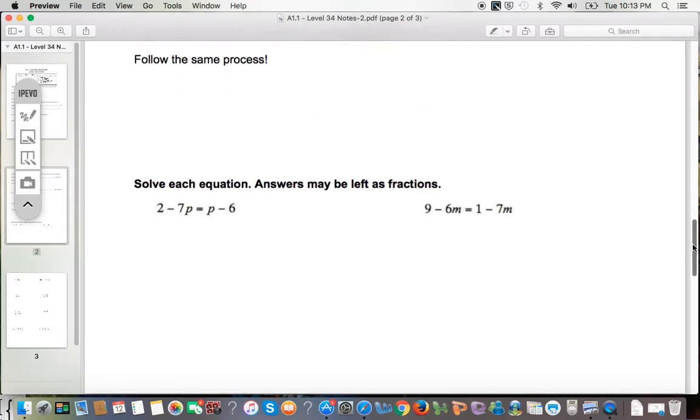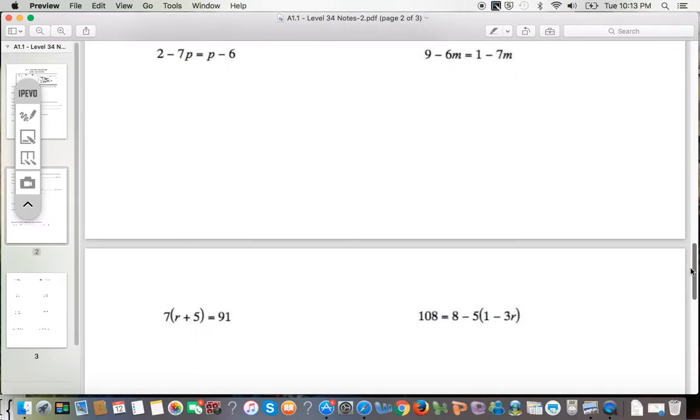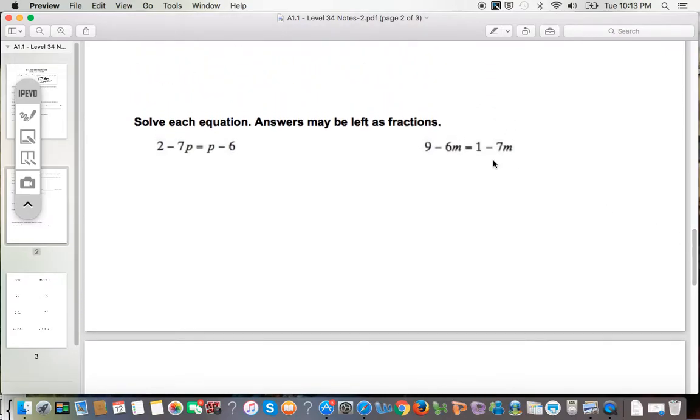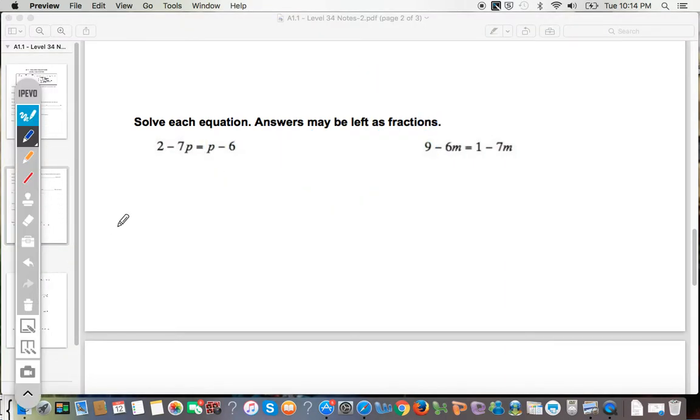So let's scroll down and do a couple practice problems. We'll do these two first. Alright, so solve each equation, and answers may be left as fractions. Again, in Algebra 1, it's okay to leave solutions as fractions, especially improper fractions.